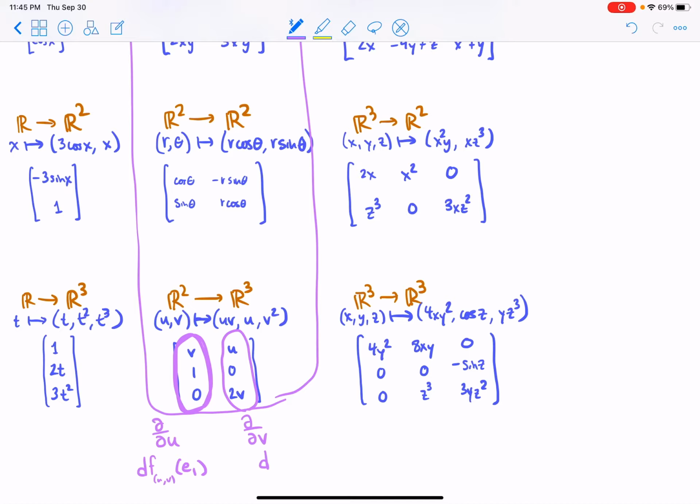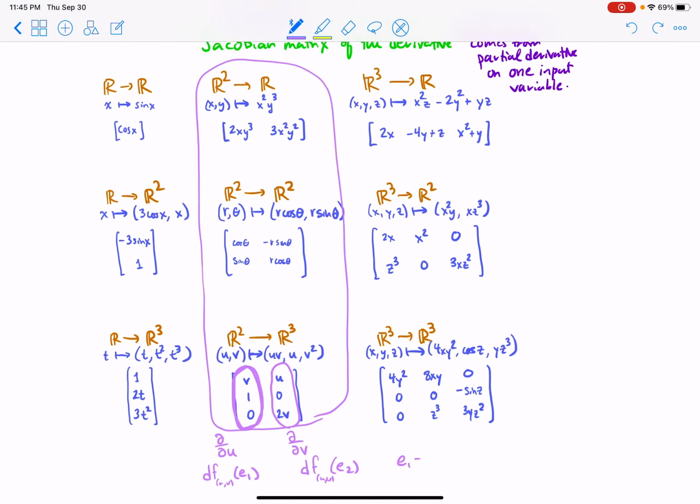This one would be d partial v, since v is the second variable. Then if we move in the second dimension, e2, remember e1 in this case would be 1, 0, and e2 would be 0, 1. Why? Because we're thinking about the input space, which is 2-dimensional.